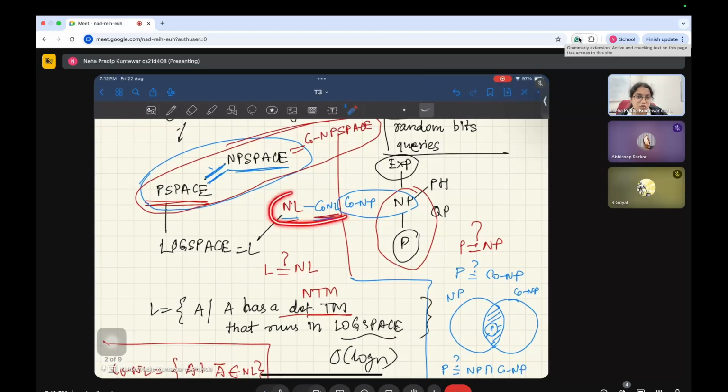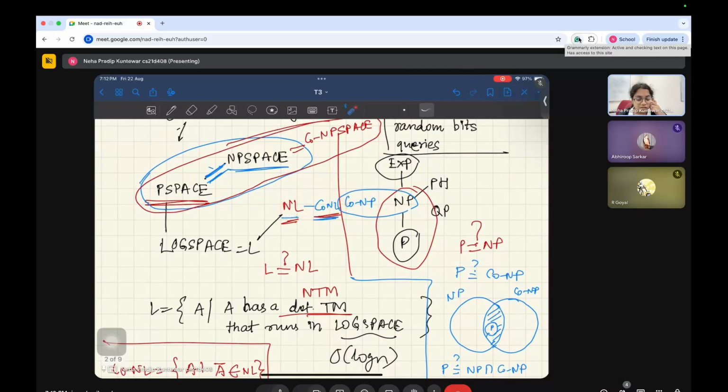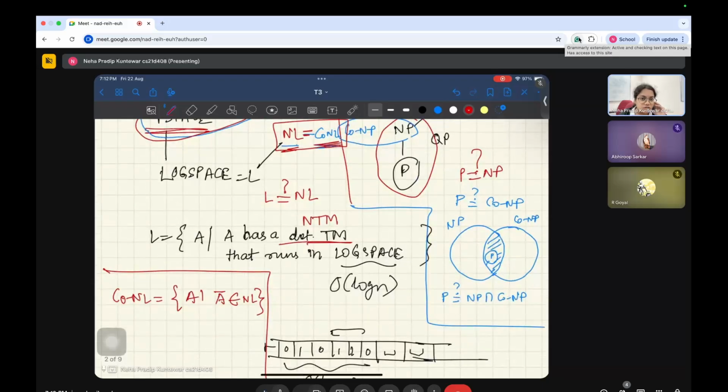Whereas the same thing doesn't hold here, because we don't know whether NL is equal to L. But surprisingly, we do know that NL is equal to co-NL. You might have seen the proof of this in class. I'm just drawing the picture here.